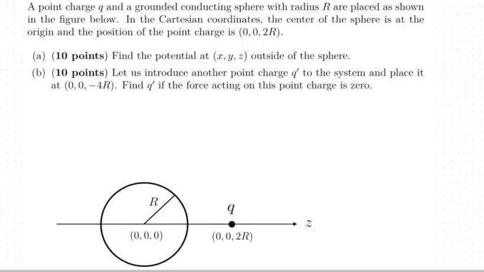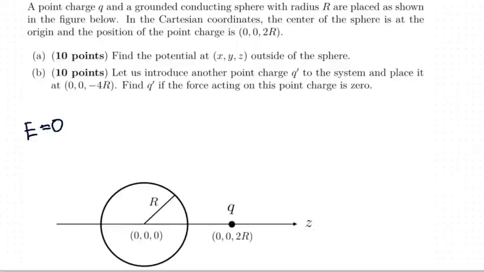But before we solve this problem, there is something we need to keep in mind. One of the properties of a conductor is that the electric field E is equal to 0 inside the conductor. The reason is that when there is an external field, the charges within the conductor rearrange themselves in such a way that they cancel the external field and maintain the field within the conductor at 0.